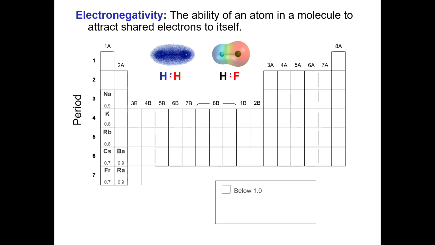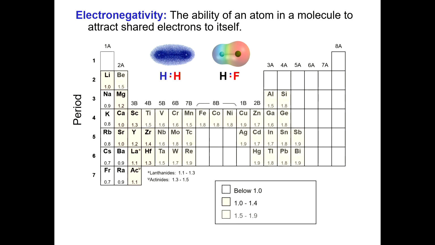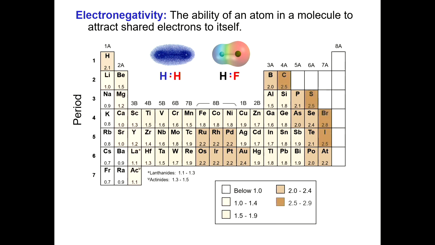Okay, so this table shows the numbers of electronegativity. So how do we get these numbers? These numbers are not obtained by experiment. We just calculate them according to their electron configuration and electron structures.